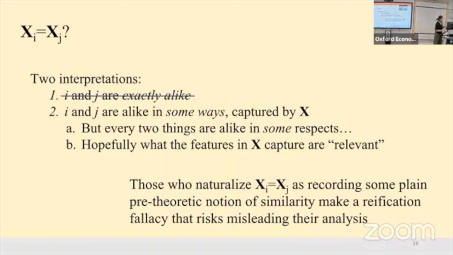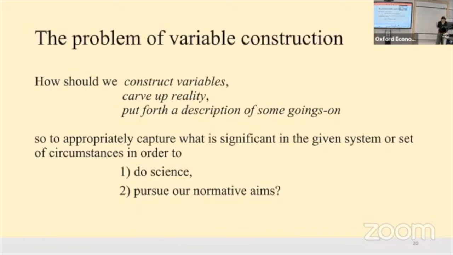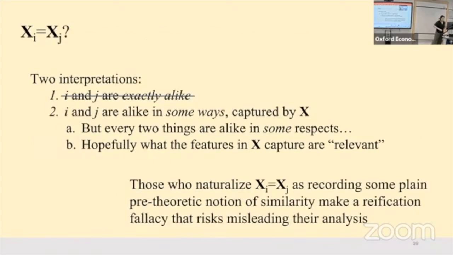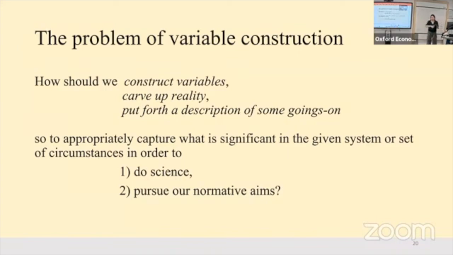So, okay. So the problem of variable construction then is, how should we record X's, construct variables, or carve up reality, or put forth a description of something to appropriately capture what's significant in a given system or setup, in order for us to A, do science, and B, pursue our normative aims. That's the question, right?